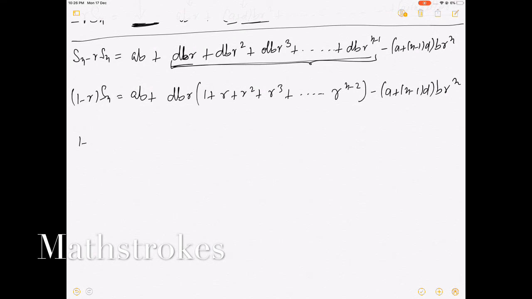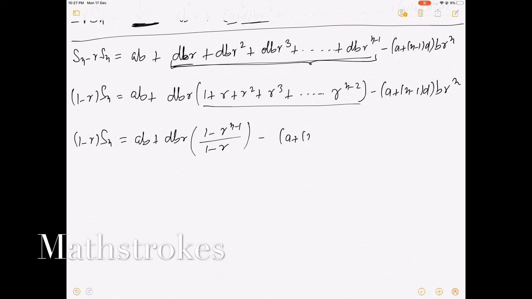So 1 minus r Sn becomes ab plus dbr times a GP with common ratio r and number of terms n minus 1, whose sum is 1 minus r to the power n minus 1 upon 1 minus r.